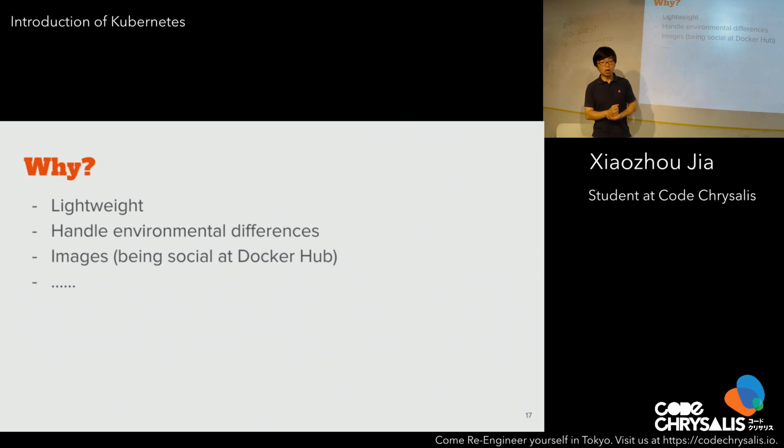And images. The image is an important concept if we are talking about containers. I would say images are a way that we can take a snapshot of a running container. You can imagine you make a copy of the current running instance of your application and make it an image. And as containers are lightweight, you can share your image with the entire world.